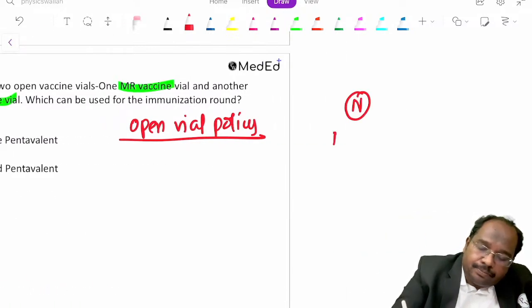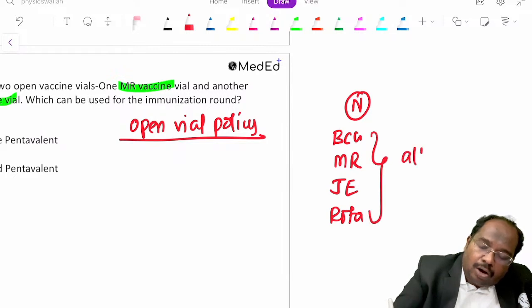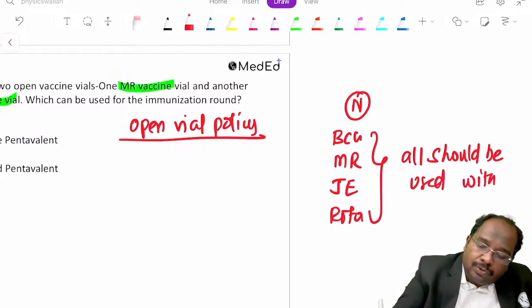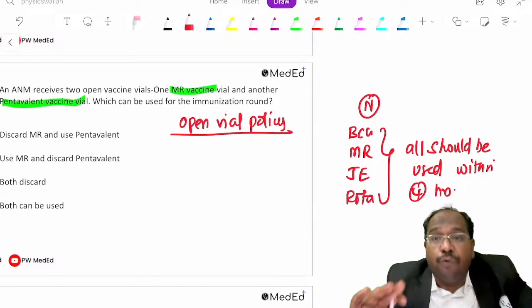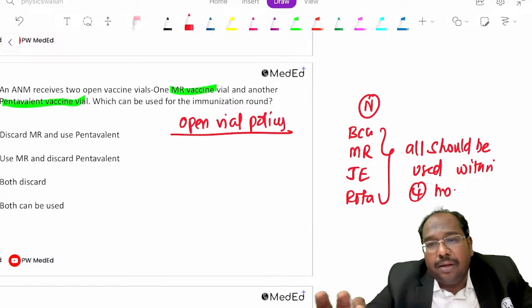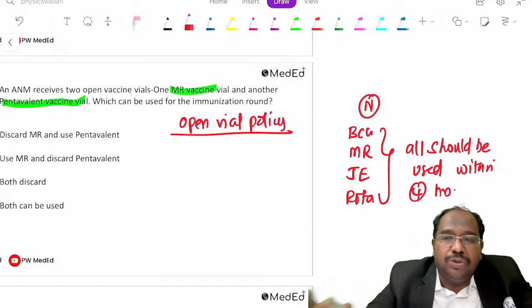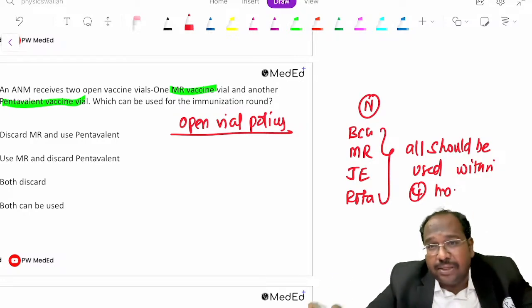Normally BCG, MR, JE, Rota should all be used within 4 hours. Once you open the vial during an immunization session, it has to be used within 4 hours.